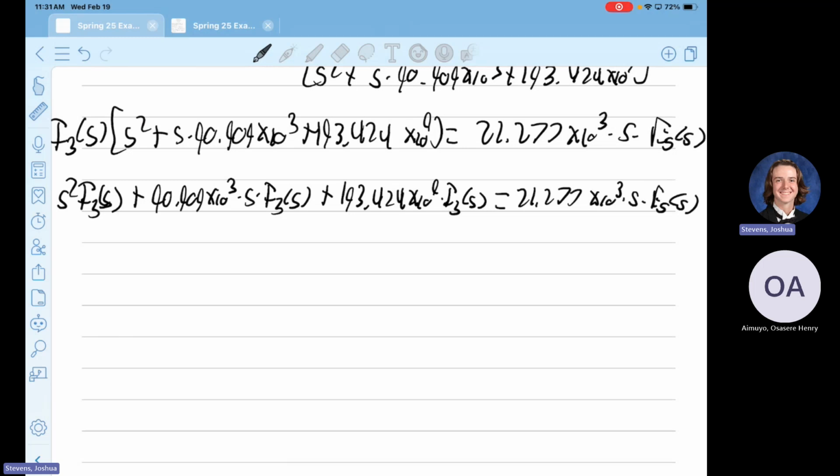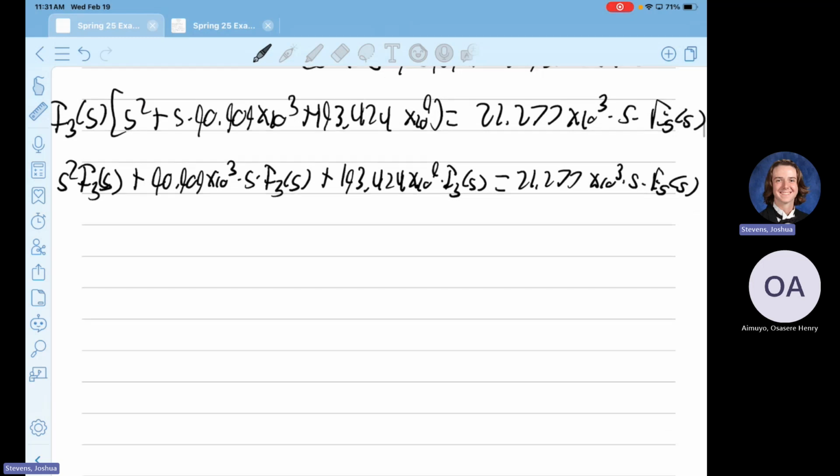Now earlier we talked about Laplace transform. So what do I do now? I have S's, I need to get to derivatives, and we talked about all my S's being derivatives basically. So I'm going to make my S's now derivatives. I have an S squared. What does that turn into? Correct. Second derivative.